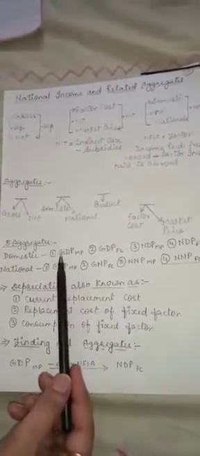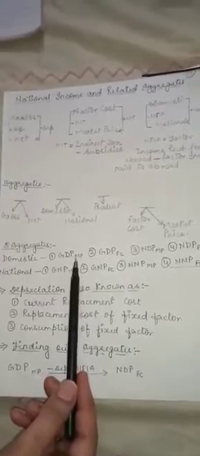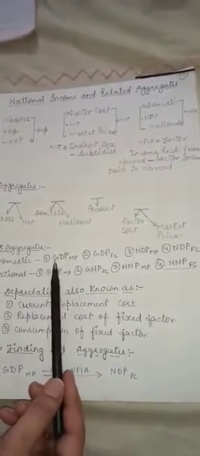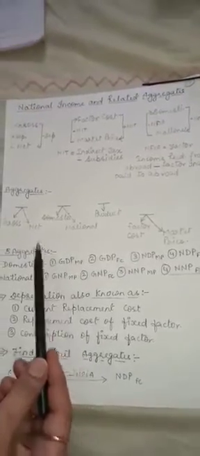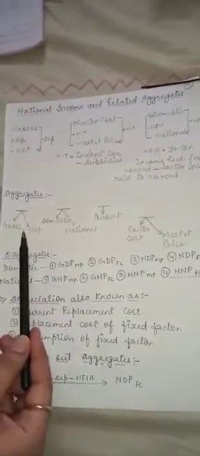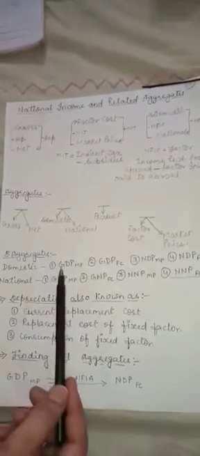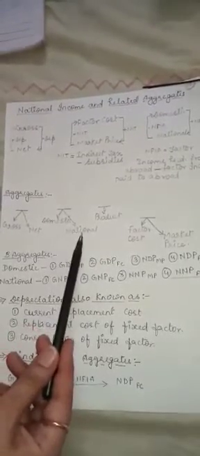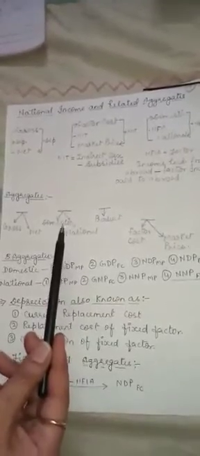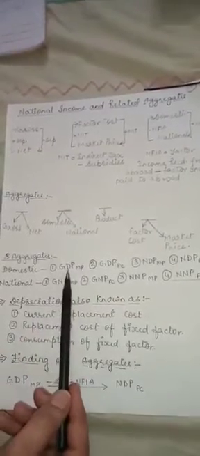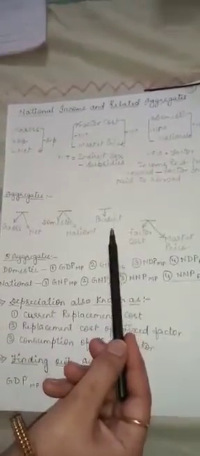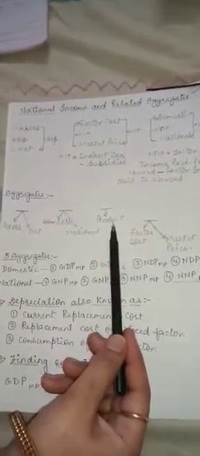The first one is GDPMP, that means gross domestic product at market price. Here at the first place we have G, taken from this first place, G for gross. The second place has domestic and national, and we have taken domestic from this, so we have got D. The third place is product, that is fixed in all the aggregates.